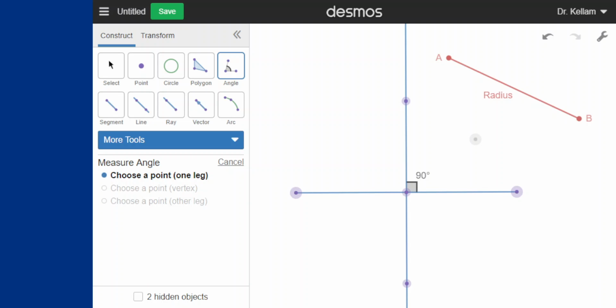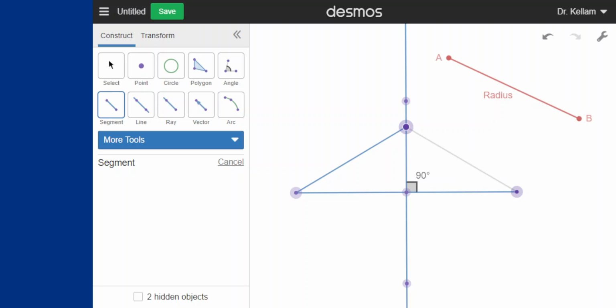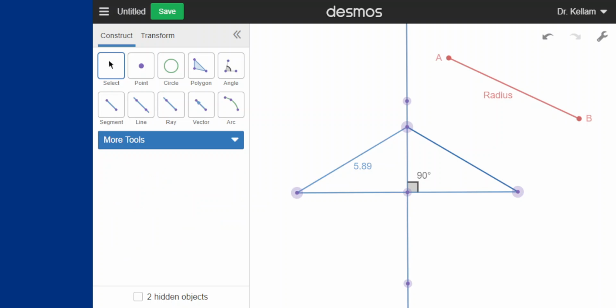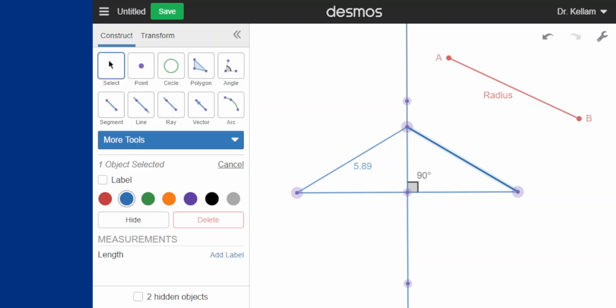Now, here's the big thing about the perpendicular bisector itself. And that's that we can draw segments from anywhere on this bisector to the endpoints. And the thing that's special about this relationship is these two segments have to have the same length.